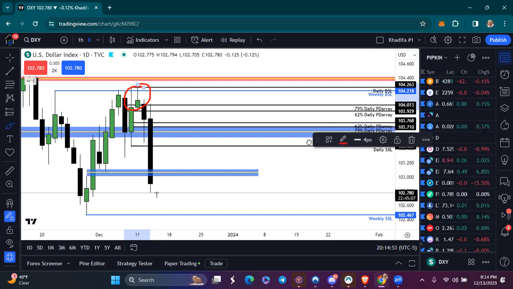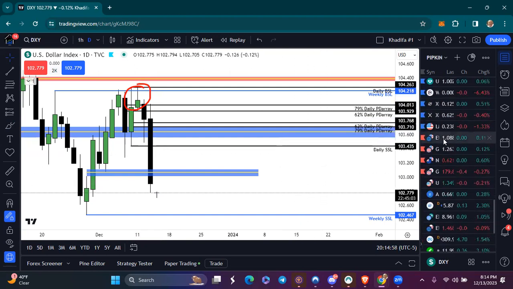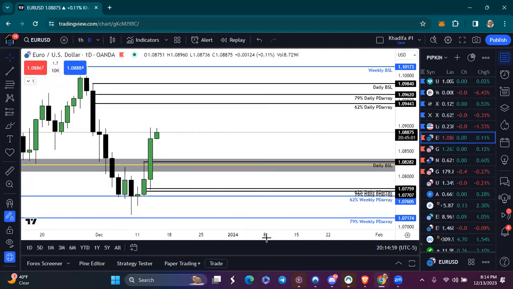So, with that being said, we know that the currency pairs that we trade inversely correlate with the dollar. And we know that if you're bearish the dollar, then you should be what? Bullish currencies because they inversely correlate with the dollar.